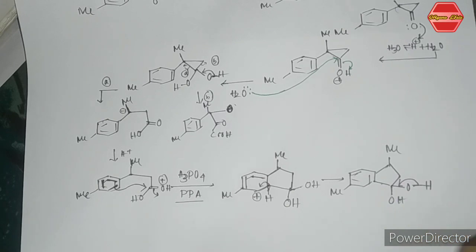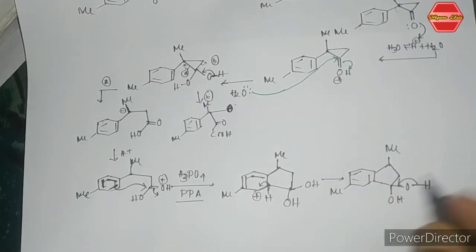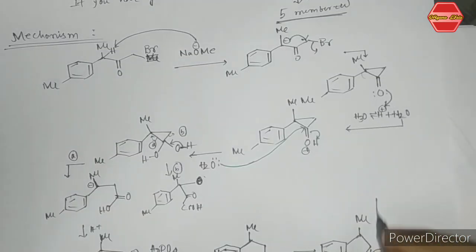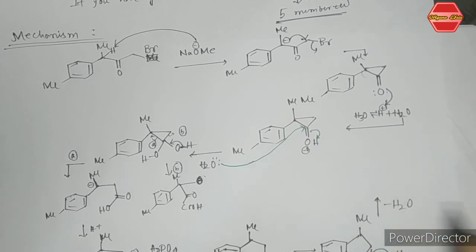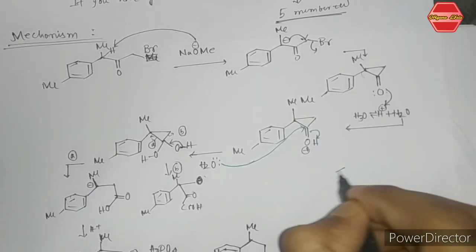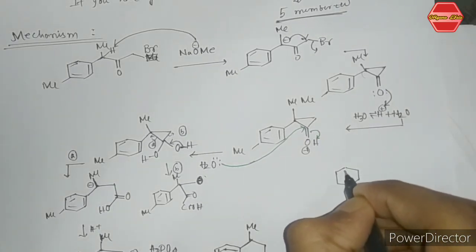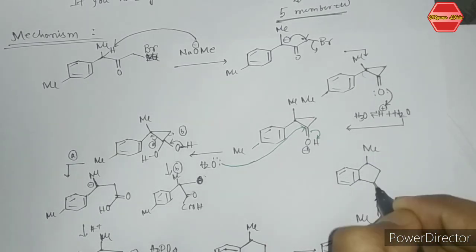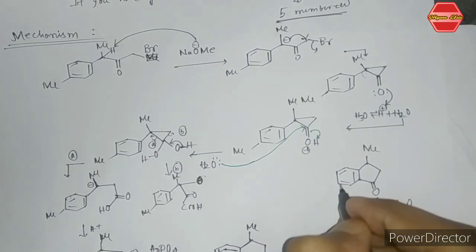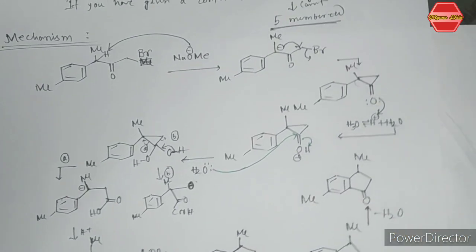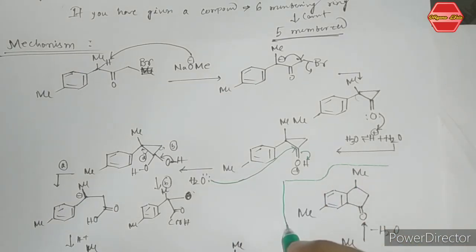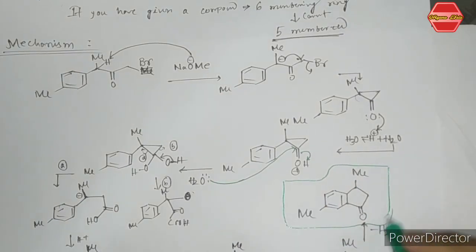So after removal of one molecule of water, this H and OH will be removed from the system, water leaves the system, and after that your product is this. So this is your final product.